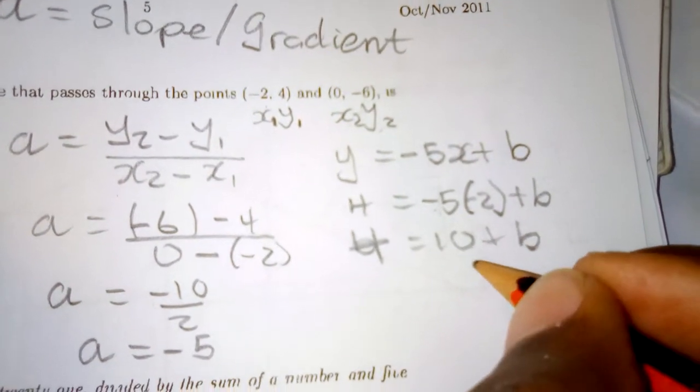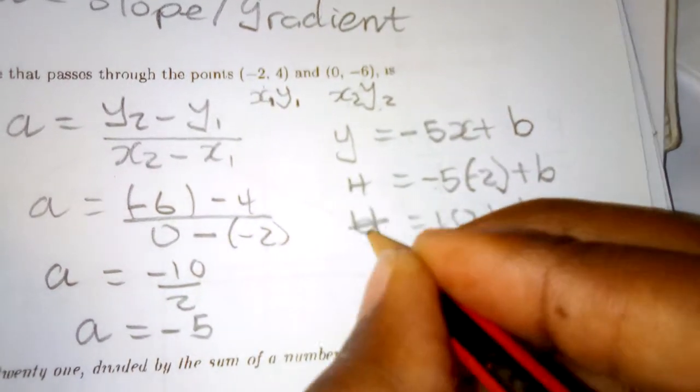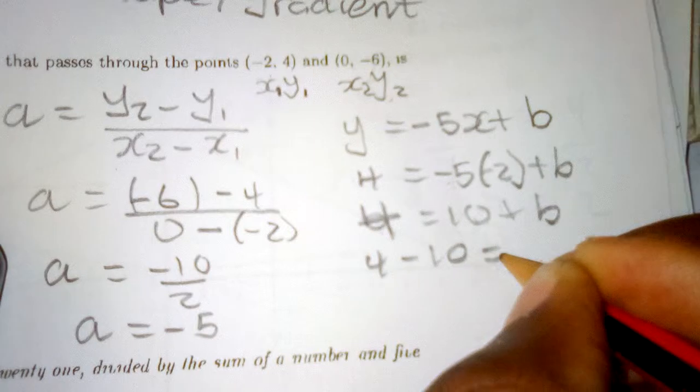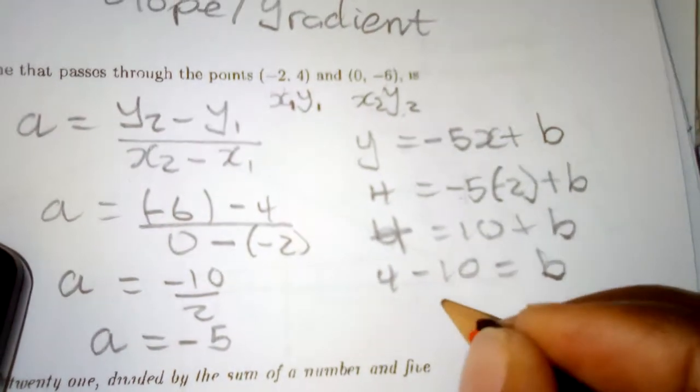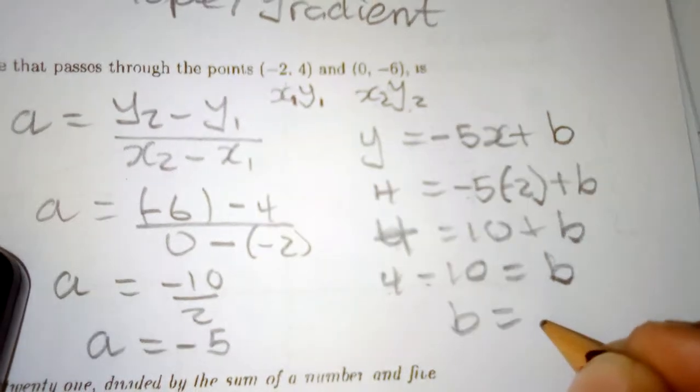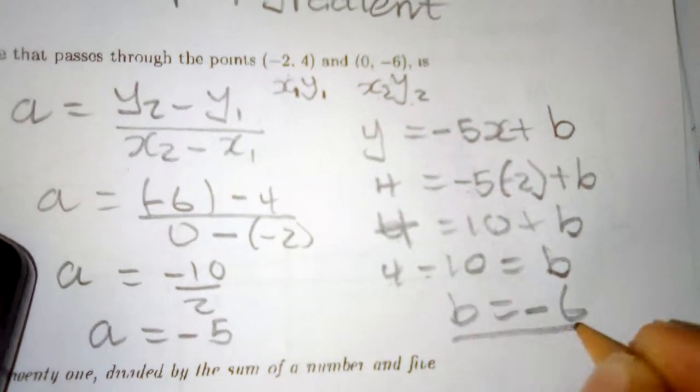Now you group like terms, it means positive 10 will come this side, it's going to be 4 minus 10 is equals to b. So b is going to be equals to what? 4 minus 10, b is going to be equals to minus 6.